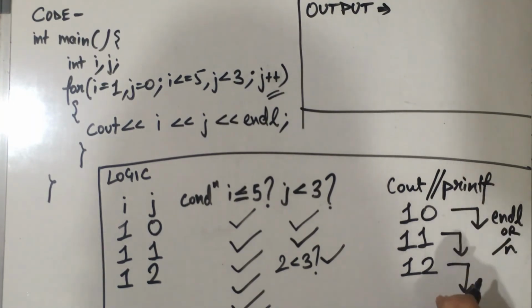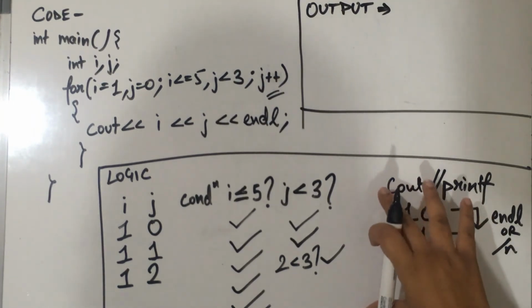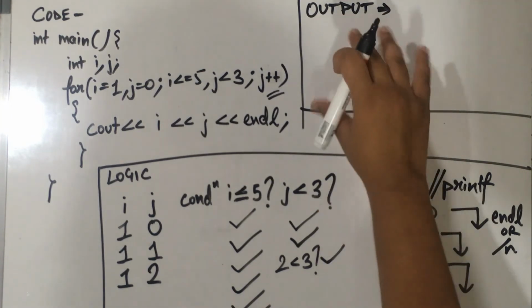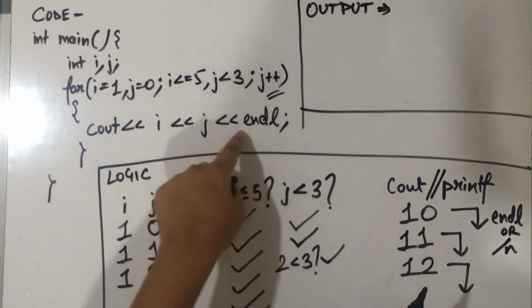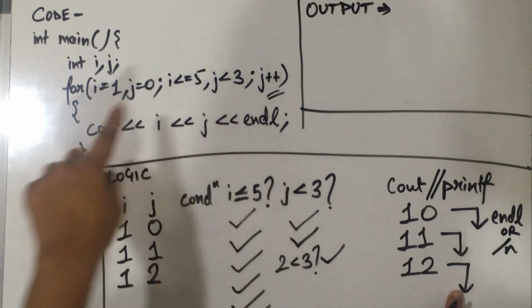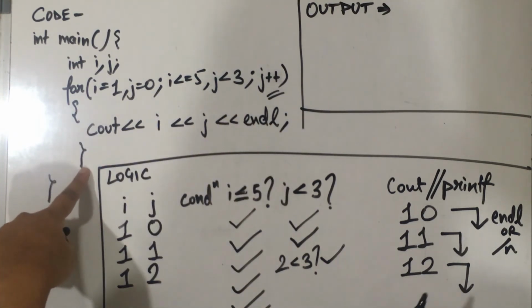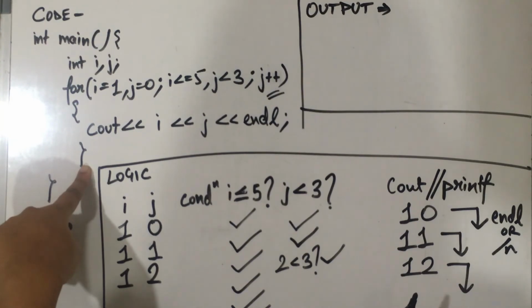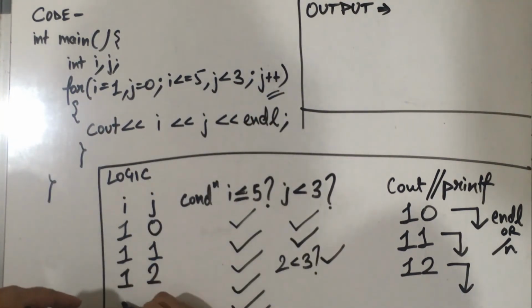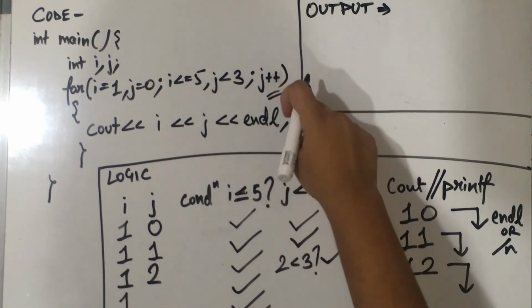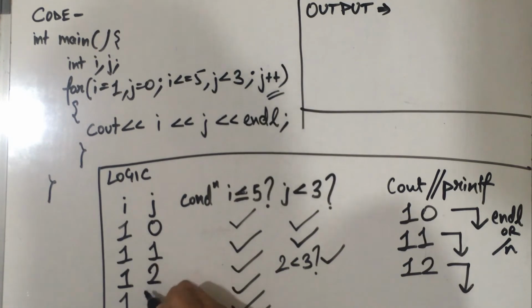Currently we have this output, which we're going to finalize just to check a few things. This line is over with endl, next line. Then my for loop has completed another iteration. We go again and increment. i is not getting incremented at all, but j is getting incremented from 2 plus 1, that is 3.